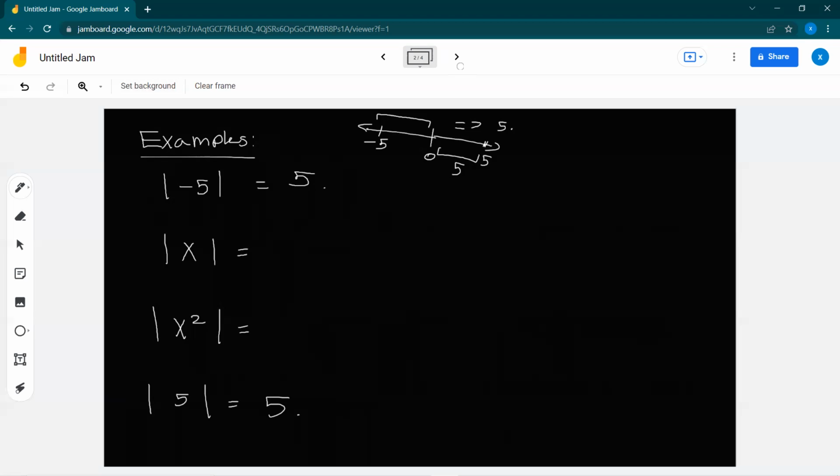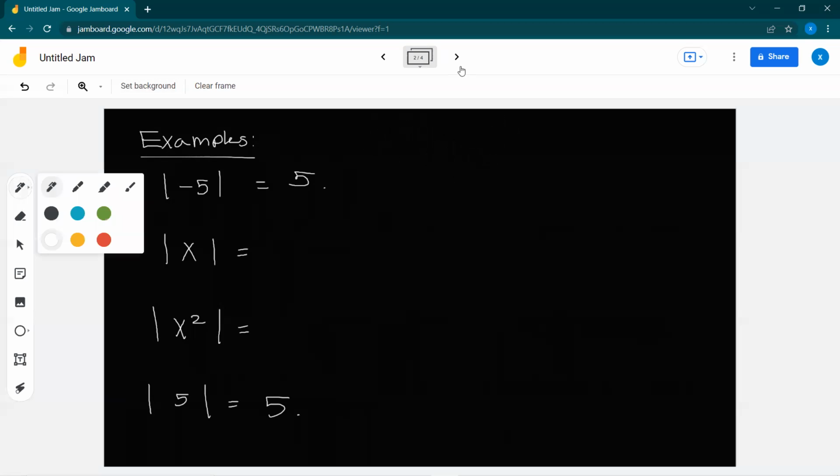Now we have two more complicated examples. Let me just erase this. We take the absolute value of x, where x is any number, and we take the absolute value of x squared, where again x is any number. There are a few important things to consider here. When we look at the absolute value of x, there are a few different ways this could go.